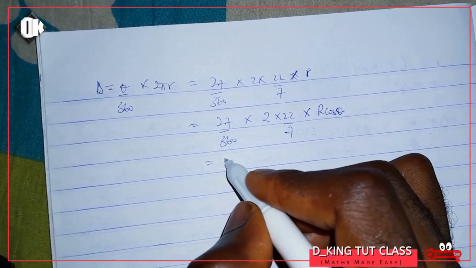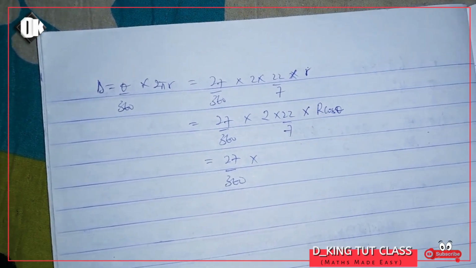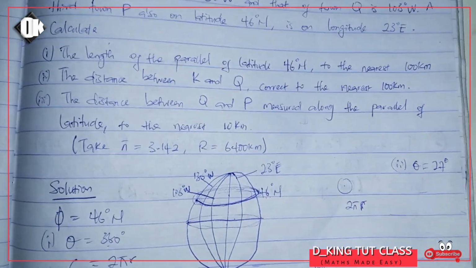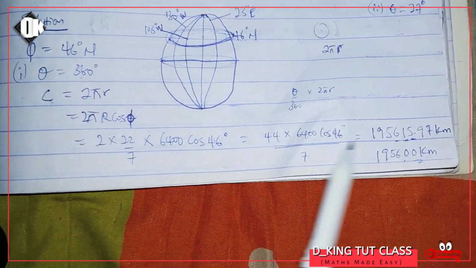Now, I've gotten this already, where we said 2 pi r is this, which is this.